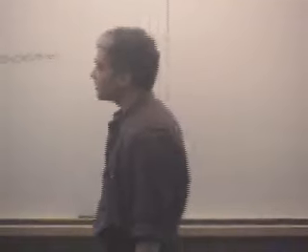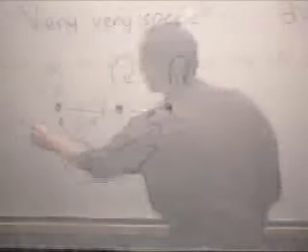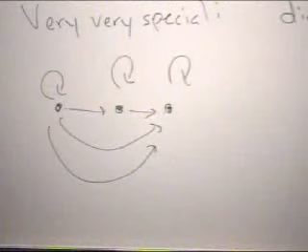How many people know what a category is at this point? Okay. So maybe I don't have to say very much about it. The composition law means that if you have two arrows, there's a distinguished composition of the two arrows.